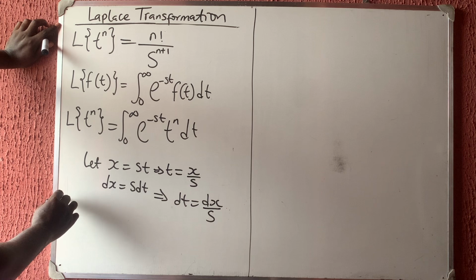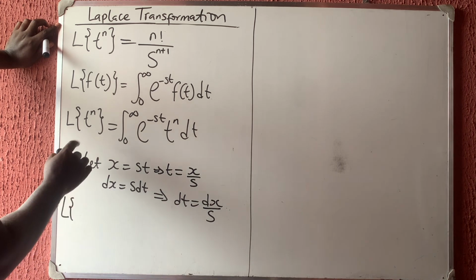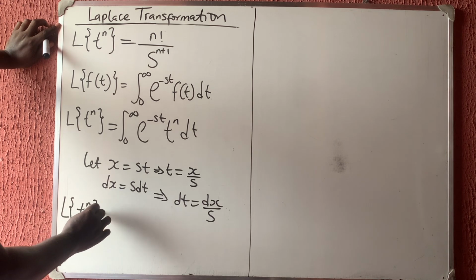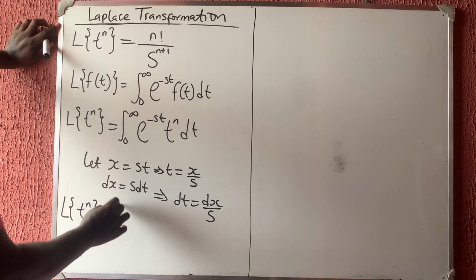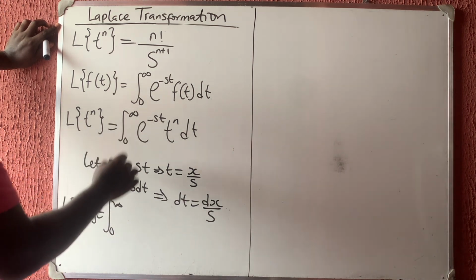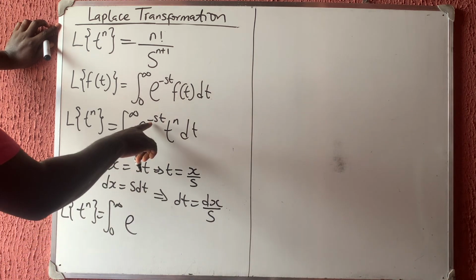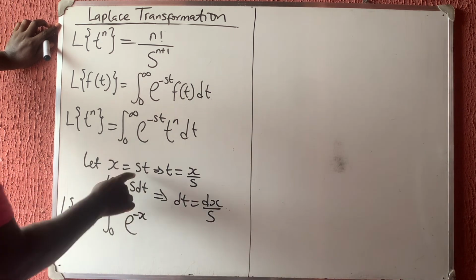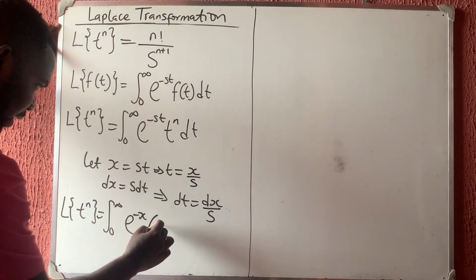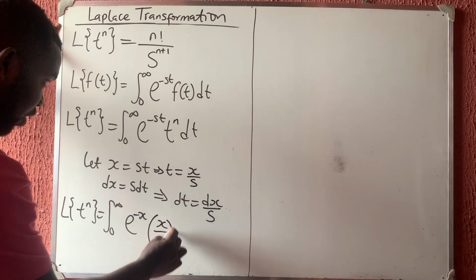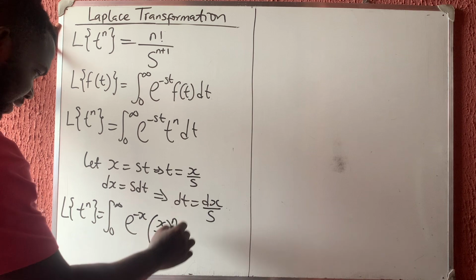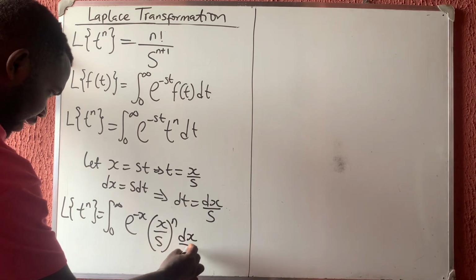So this is now the Laplace transformation of t raised to power n, which is equal to the integral from 0 to infinity of, if I substitute it here, e raised to power minus x, then t is the same as saying x over s, all raised to power n, then dt is the same as dx over s.